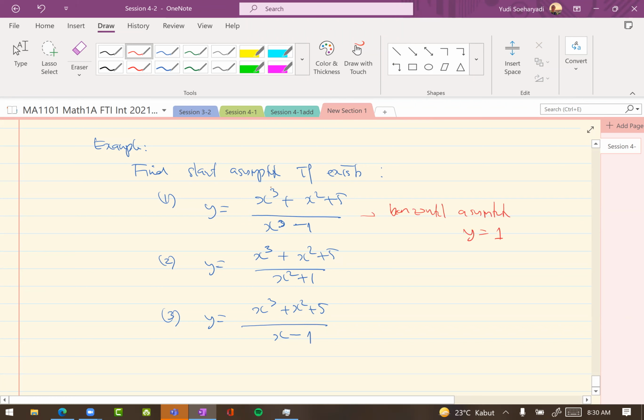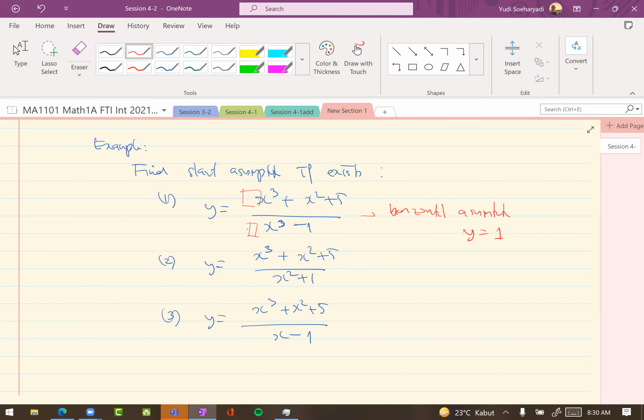So we divide by x cubed, both numerator and denominator, and then you get just this coefficient 1 by this coefficient. Okay, so 1 over 1.